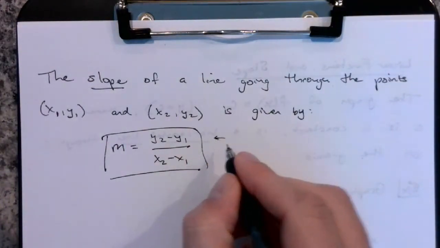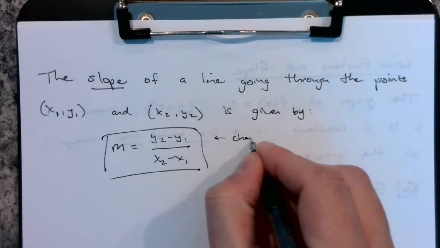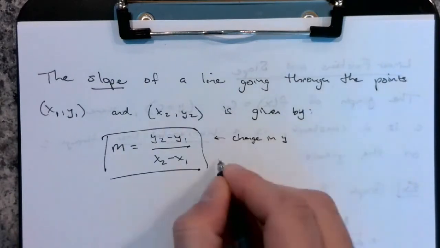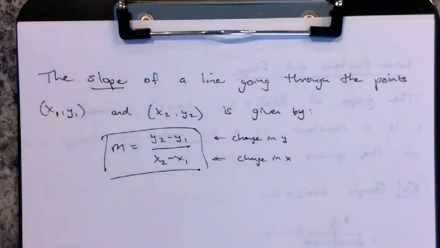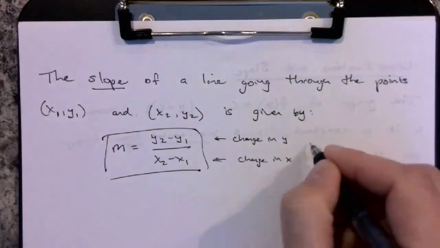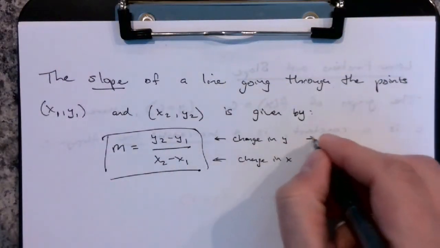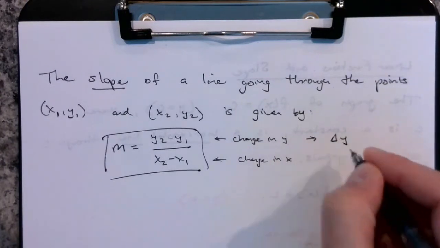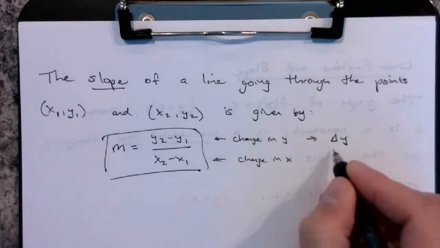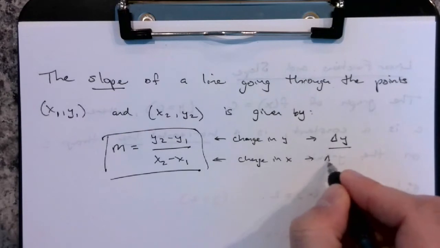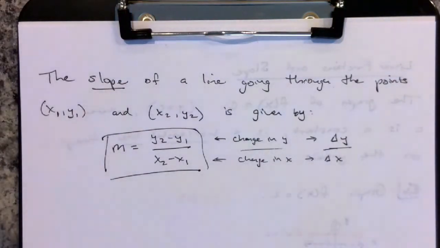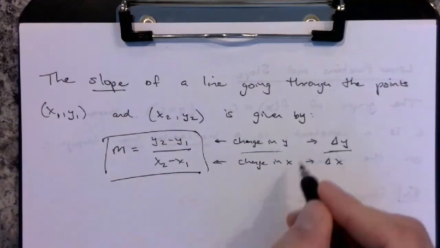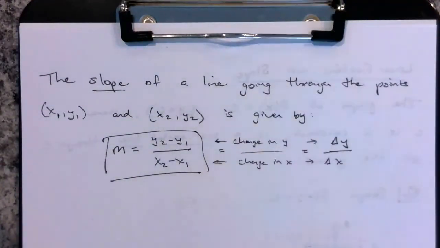I said it in words as change in y over change in x. Sometimes you might see change represented as delta y over delta x. These all mean the same thing. So make sure you understand that, the slope is change in y over change in x.